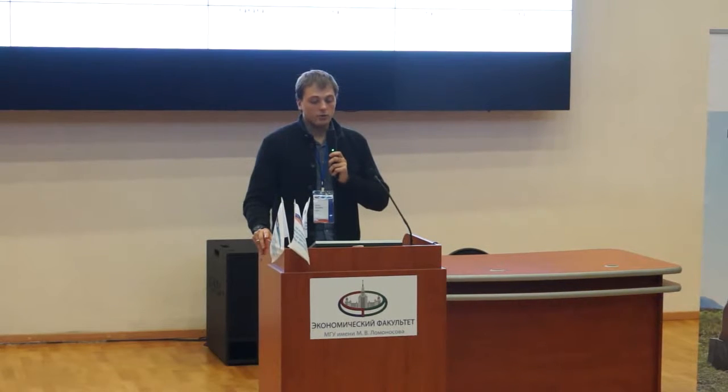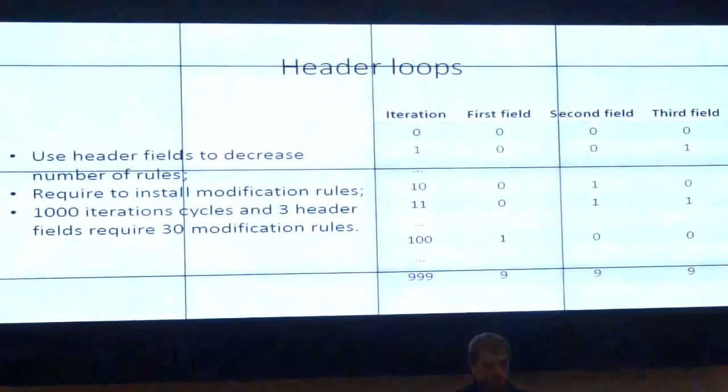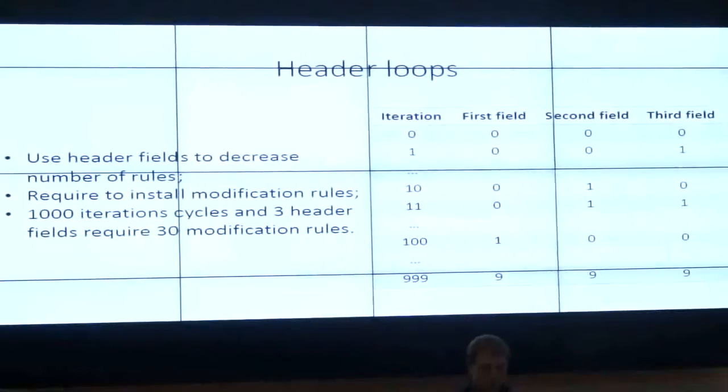On the second switch we increase the counter for the second field and drop the third counter if its value is 9. On the third switch we increase the counter for the first field and drop the counter for the second field if its value is 9. This cascade scheme factorizes the number of required rules. For 1000 iteration cycles and 300 fields, we require only 30 modification rules, which is not so many.